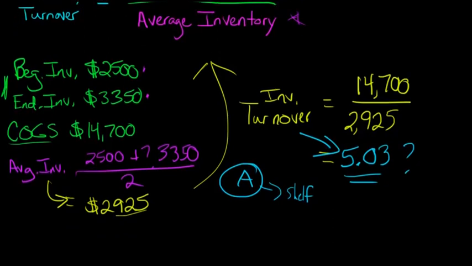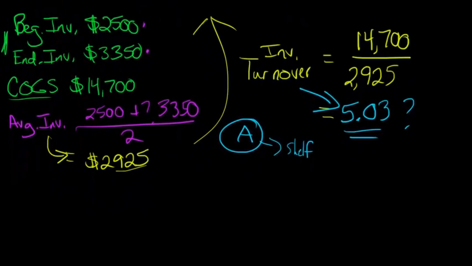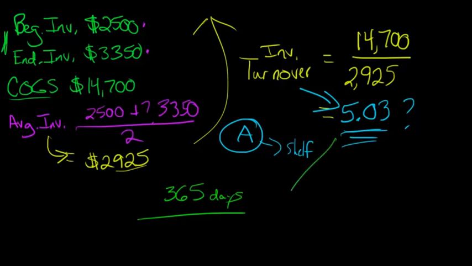So here's another way to think about this. There are 365 days in a year. If we take those 365 days and divide by our turnover of 5.03, what does that give us?